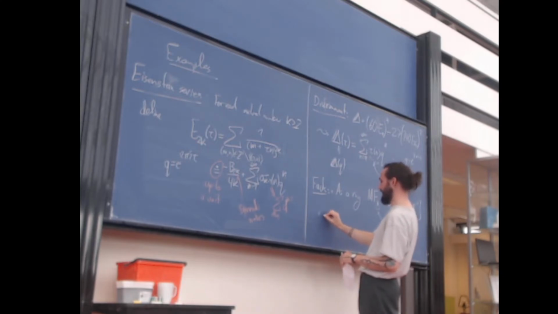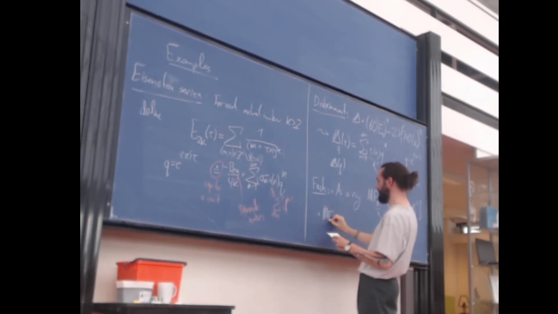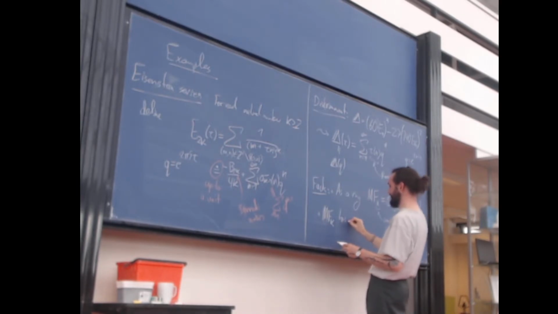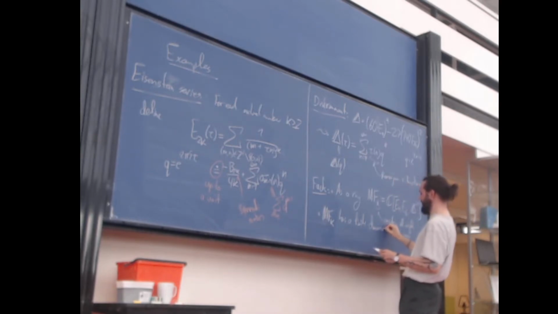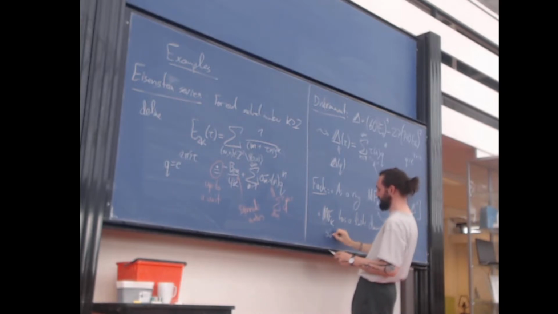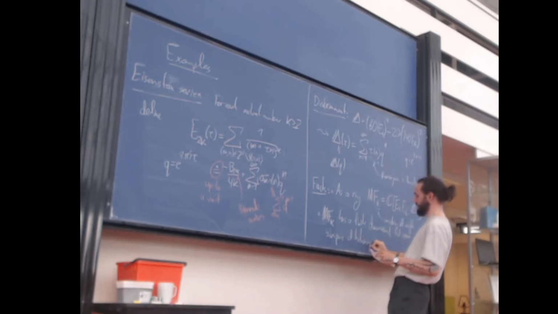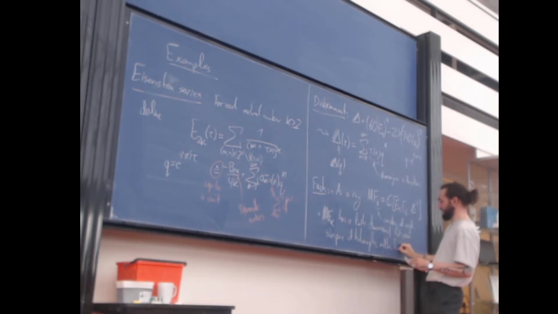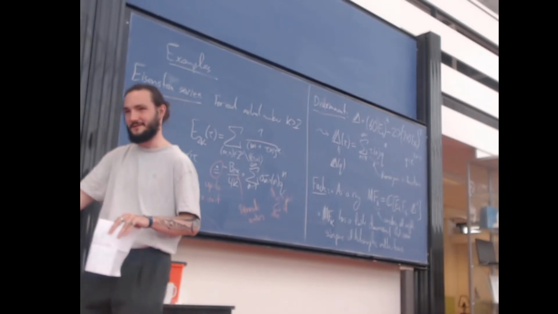So for each fixed weight k, M_k has a finite dimensional subspace of holomorphic modular forms. A holomorphic modular form is just where I keep the word holomorphic here instead of crossing it out.